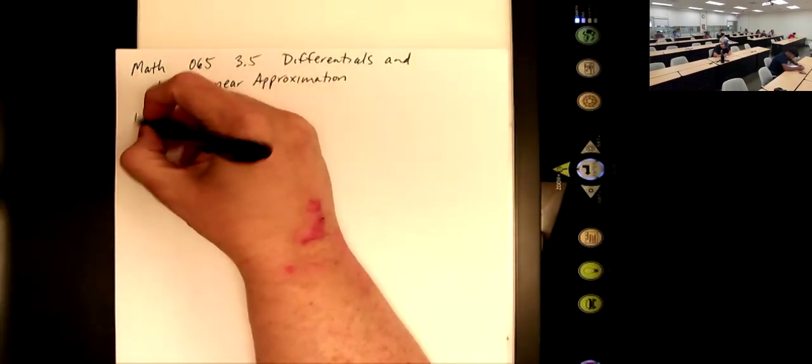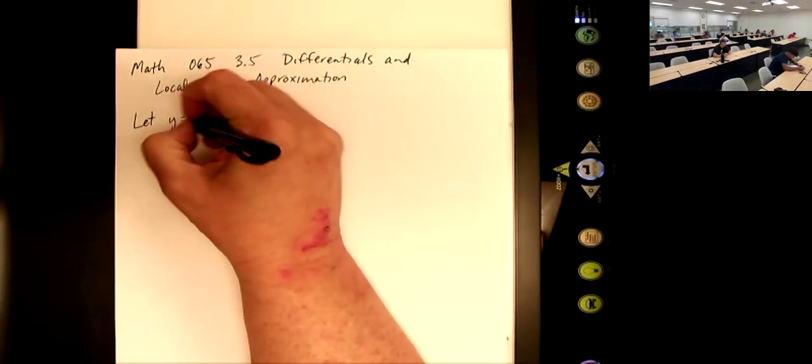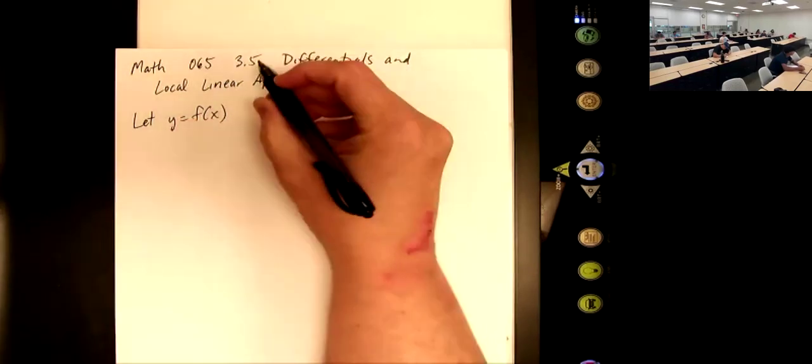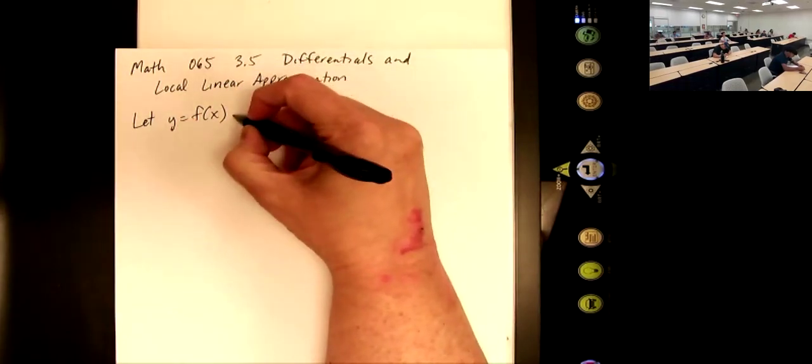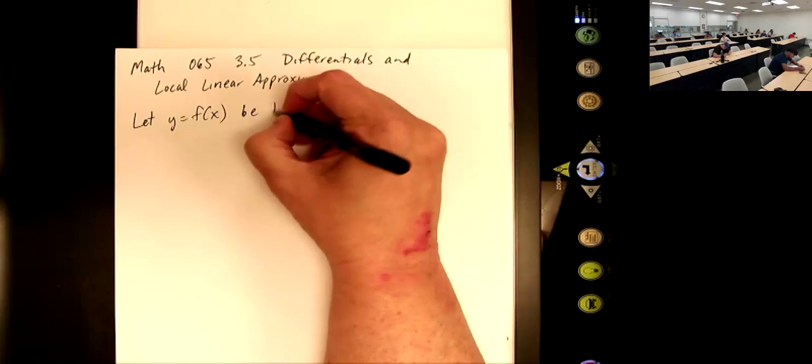So we're gonna let y equal f of x. We often do this. And we're gonna say it's differentiable at x.